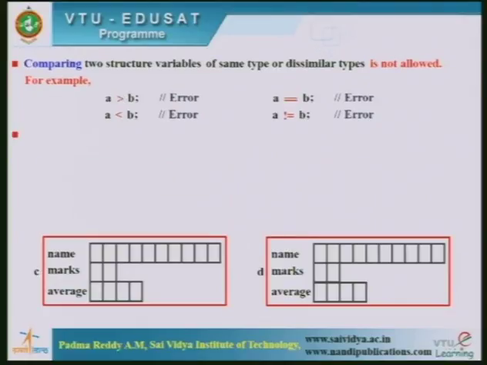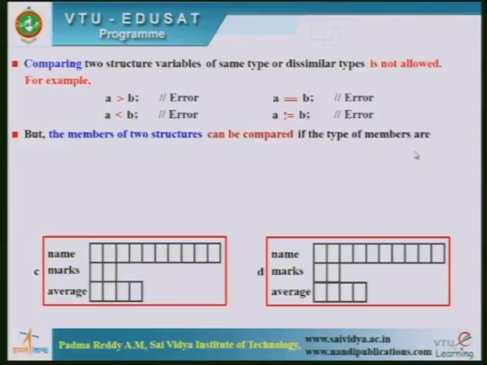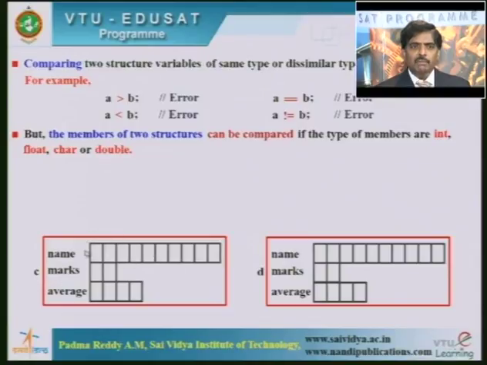Okay, now the question is how to compare the two structures. So, here we write the members of two structures can be compared. The structures themselves cannot be compared, but the members of two structures can be compared, if the type of members are int, float, char and double. Now, if you observe name is an array of characters, it is a string.